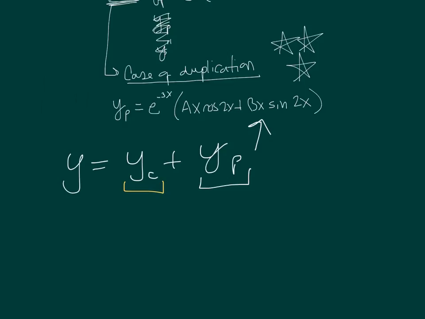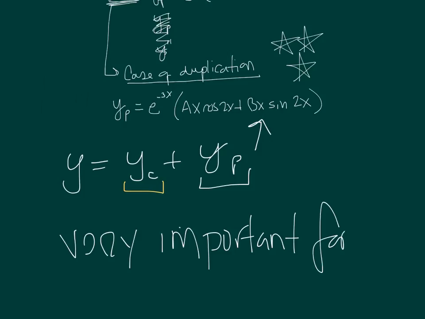Just make sure you understand that. You should have some examples on your homework assignment for 2.5. If you have any questions, you'll see some of this on the review, where you'll see students performing this case of duplication. So that is example 9 in your book. Again, very important for the test.